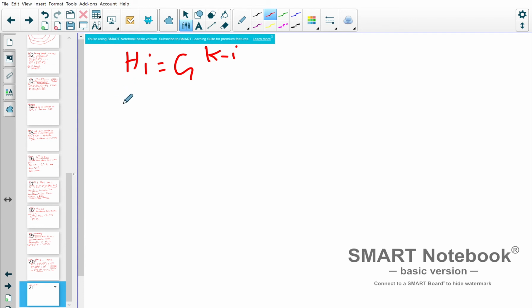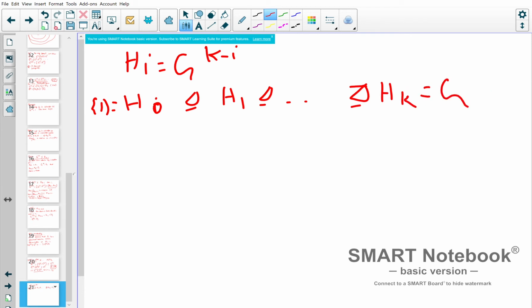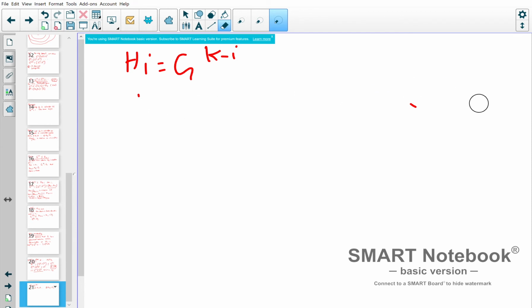So H0 equals identity, and H1 and so on, and then Hk will give the full group. One minute, this is the other way.